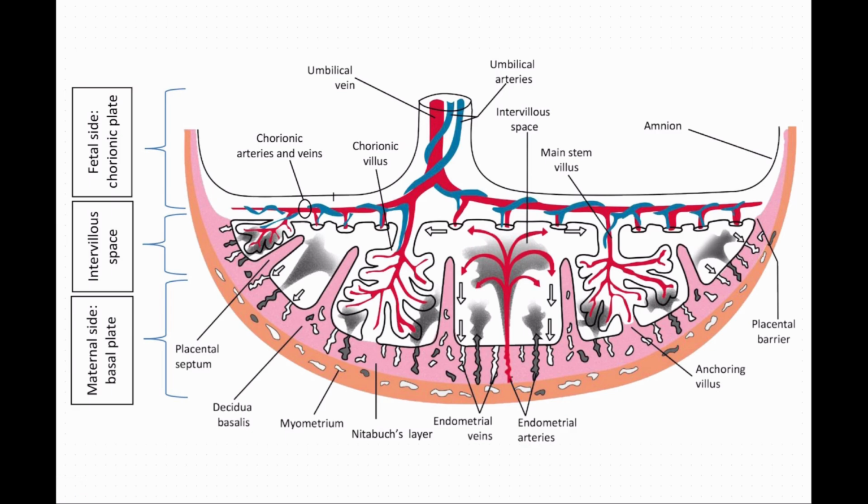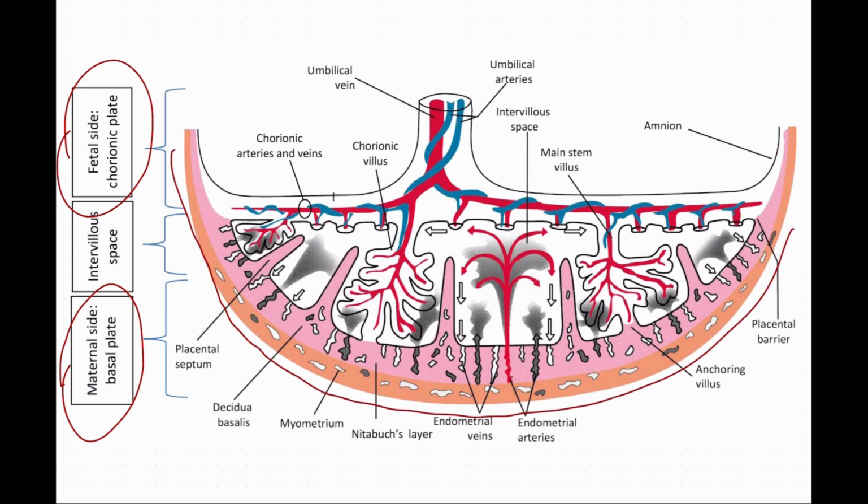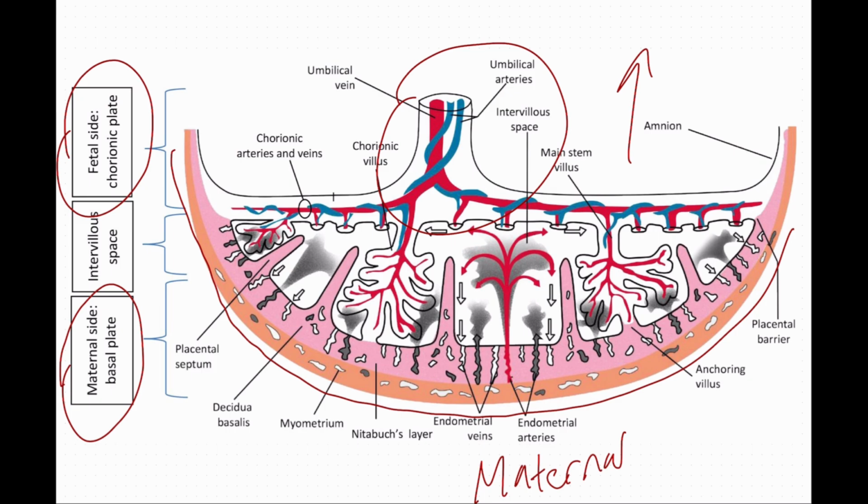Let's go into the parts of the placenta. I'm promising you guys, I'm not beating around the bush. Now, the placenta is broken up into two: the maternal side and the fetal side. Think of this like a watermelon: on this side is the maternal, and this side where the umbilical cord is, that is the fetal, because that's where everything is going, to the fetus.